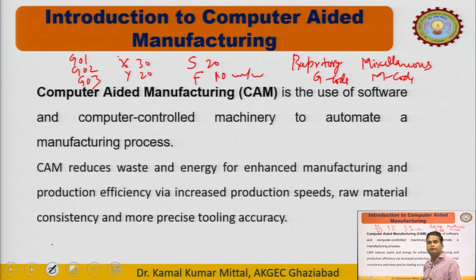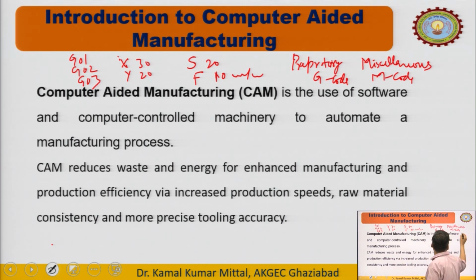Similarly, some miscellaneous M codes are there, like if we have to start the program, then start the spindle, if we are using coolant, then start the coolant, stop the coolant after performing the operation, stop the spindle, then end the program. There may be more miscellaneous codes.